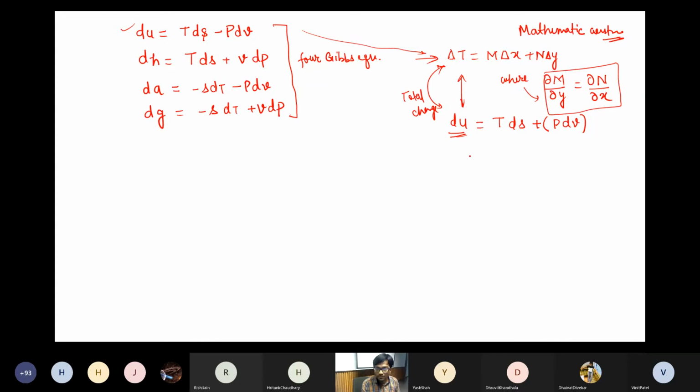So from here we can tell that this is my M, this is my N. So a minus sign would be here, right? You should be careful.